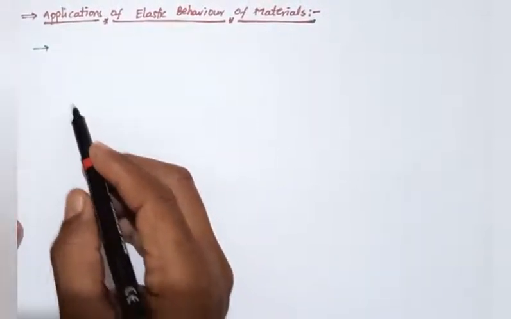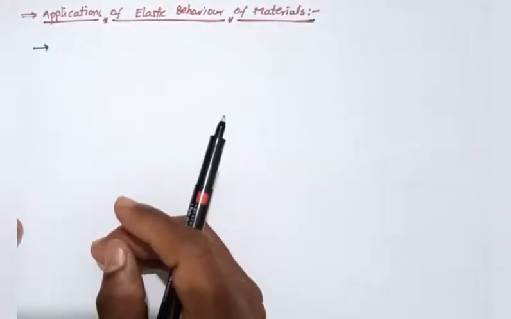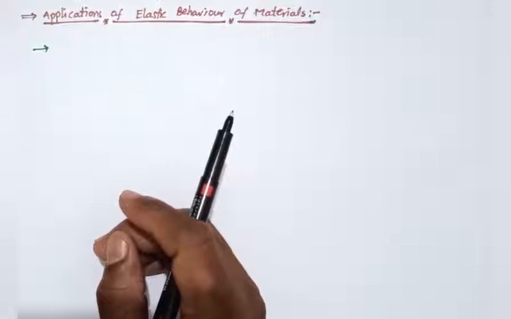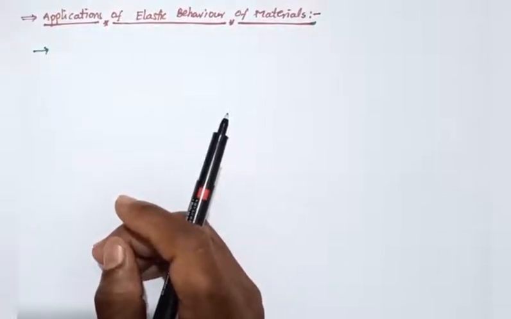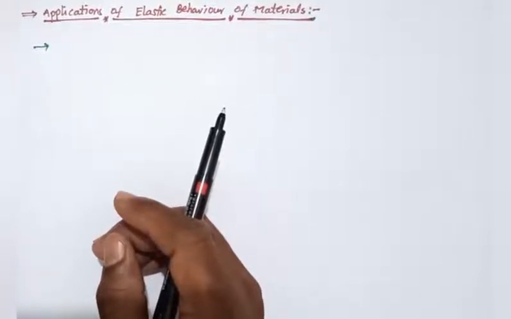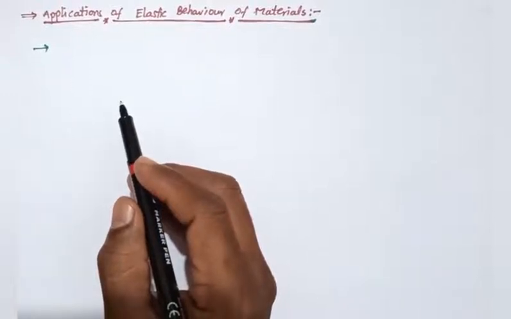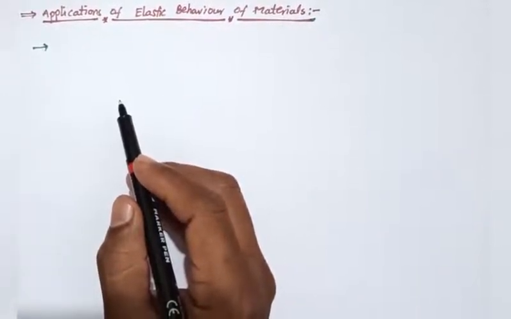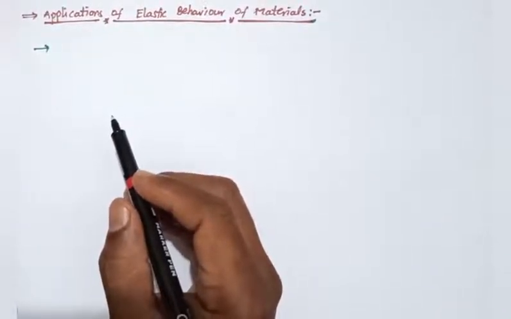In the stress strain curve, within the elastic limit of a wire, stress is directly proportional to strain. This is explained by Hooke's law. The elastic behavior is very useful in daily life. All engineering designs require precise knowledge of the elastic behavior of materials.